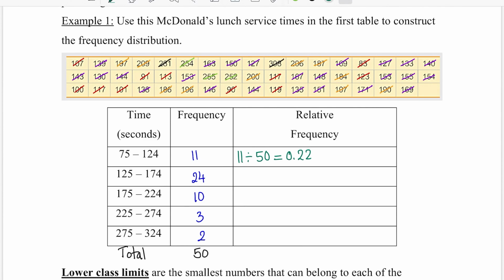To find the relative frequency for the first class, I take 11 divided by 50. For the second class, 24 divided by 50, then 10 divided by 50, 3 divided by 50, and 2 divided by 50.